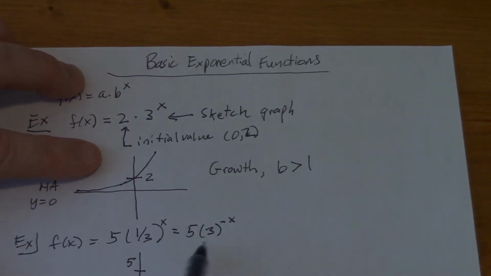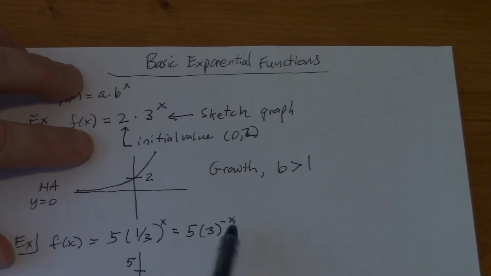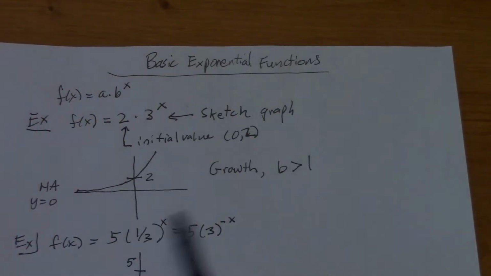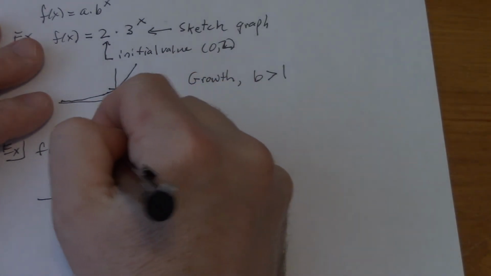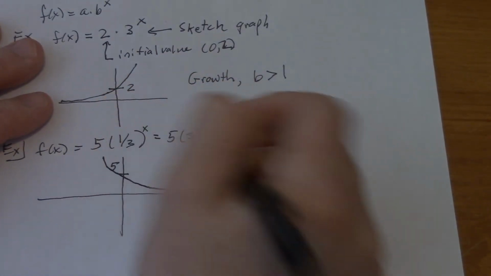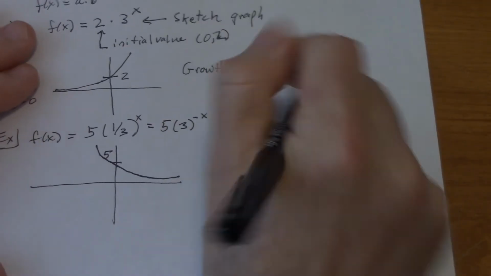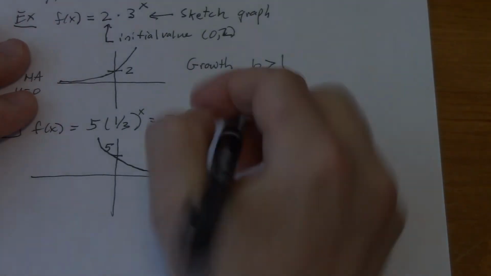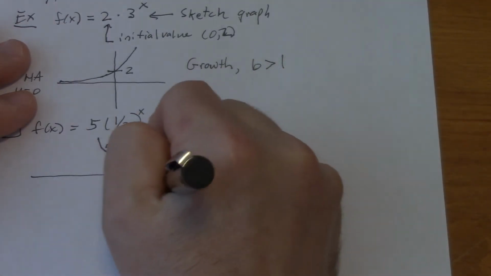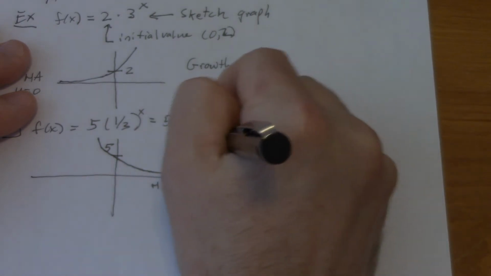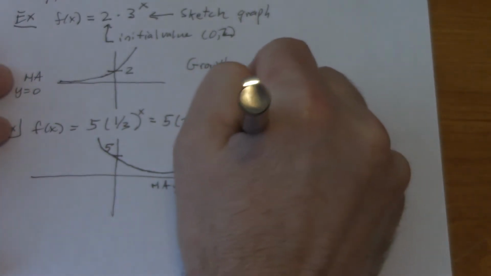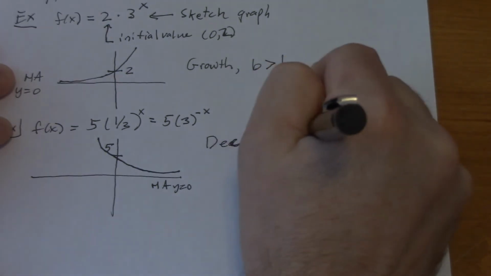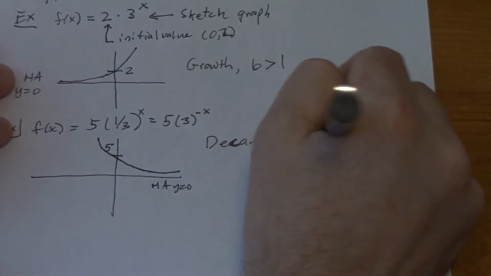That's helpful when we talk about transformations because f of negative x is f of x reflected across the y-axis. So in that sense, it's the opposite of growth. It looks like that, and once again, it has a horizontal asymptote of y equals 0. And this would be called decay. This happens when b is between 0 and 1.